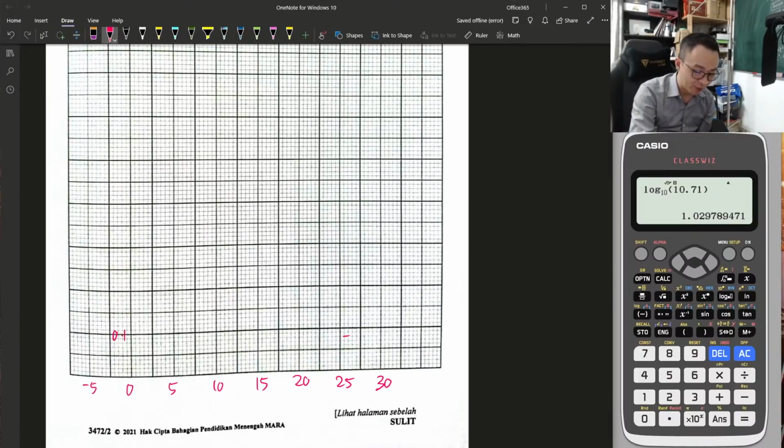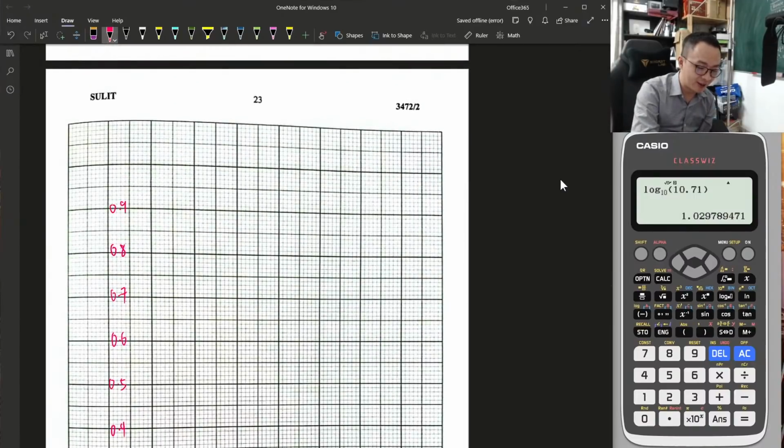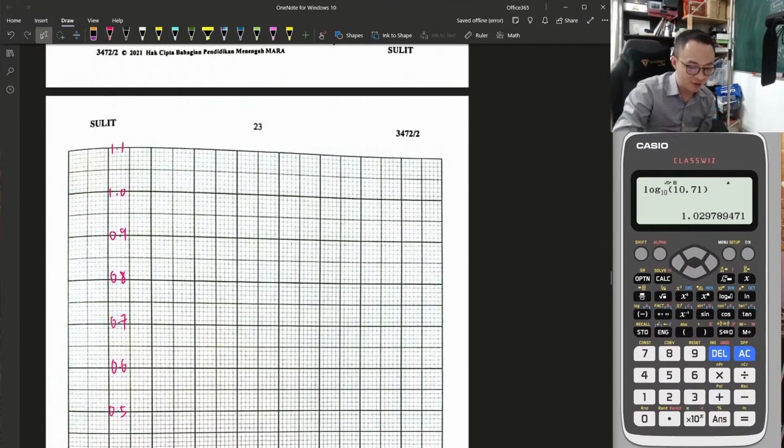So this is 0, 0.1, 0.2, 0.3, 0.4, 0.5, 0.6, 0.7, 0.8, 0.9, 1.0. Alright, this is 1.1. Okay, then let's draw it.